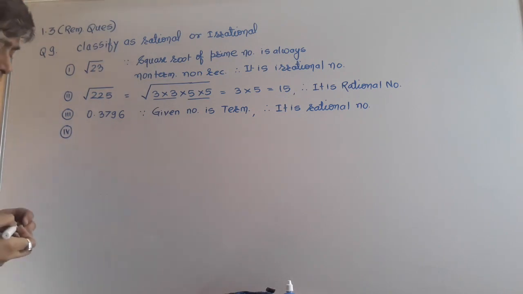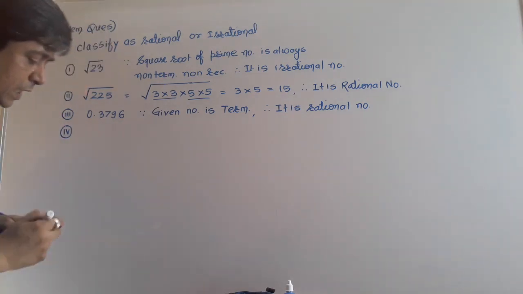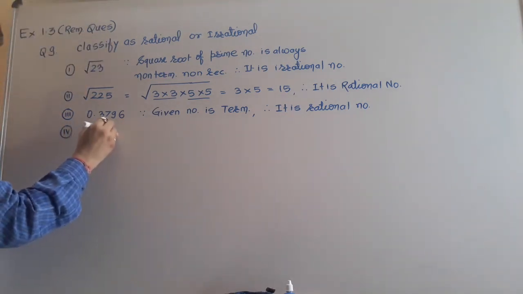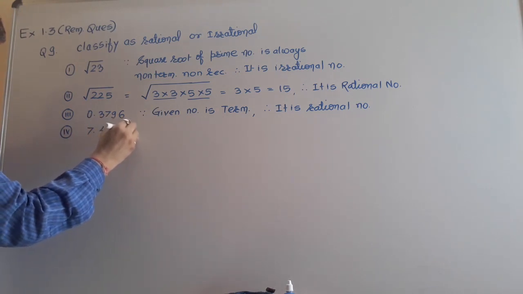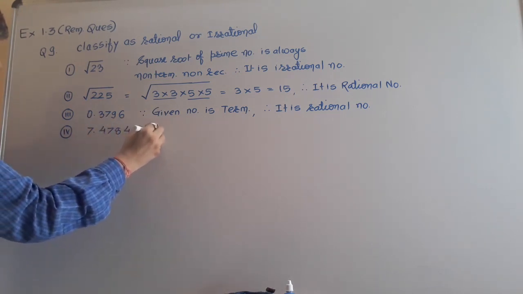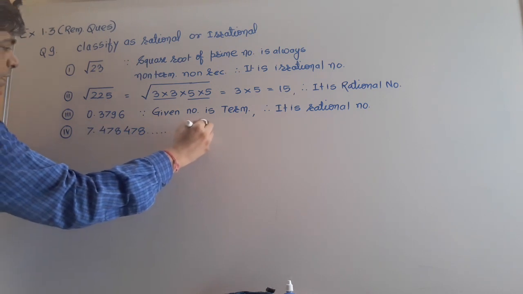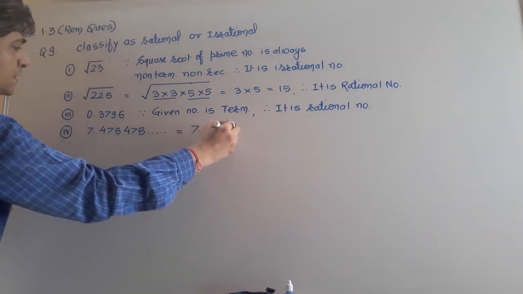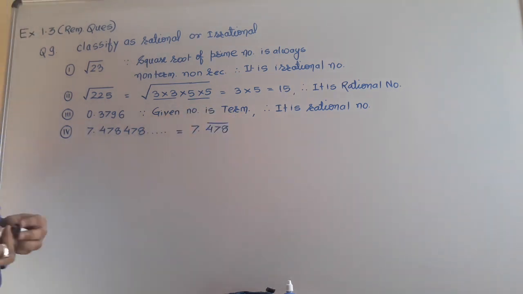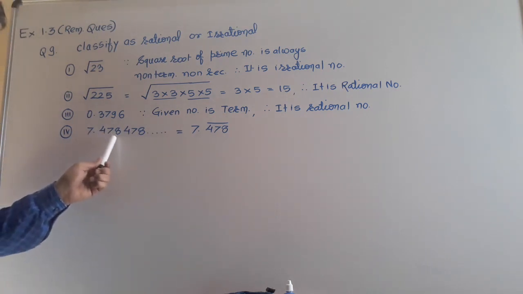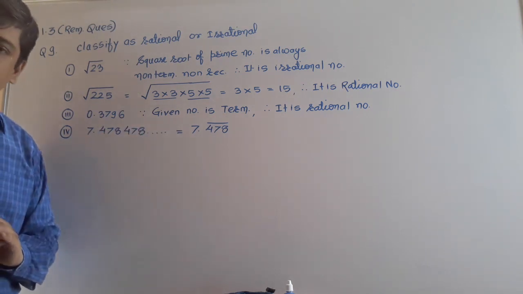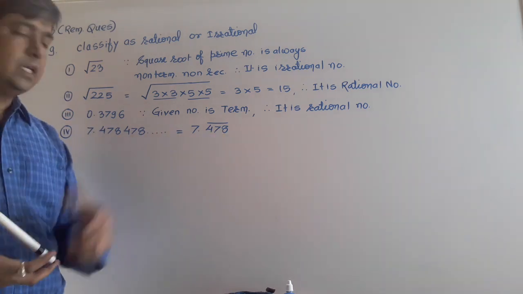In the fourth part, we have been given 7.478 and so on. This number I can write as 7.478 bar also, because I am observing the pattern here. 478 is coming continuously, so 478 is the bar.